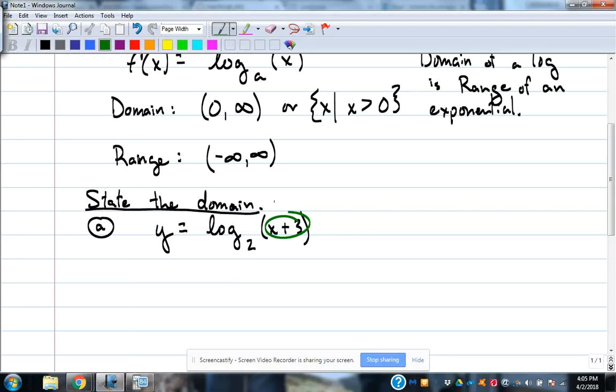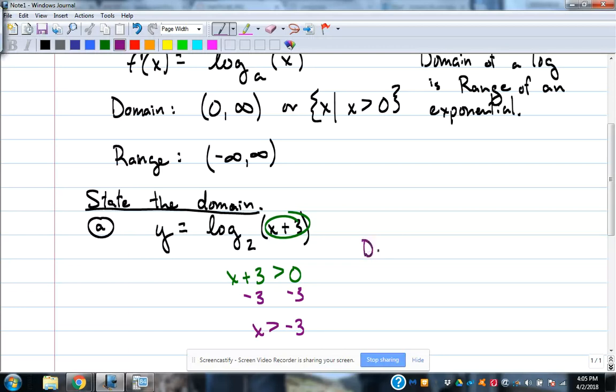So we just take whatever we're taking the log of, the part of the function, x plus 3, and we just set it greater than 0 and solve it. If we solve that, that's going to get us only the x's that are giving us a positive value inside of the log. So subtract 3. X has got to be greater than negative 3 to be valid in this function as part of the domain.